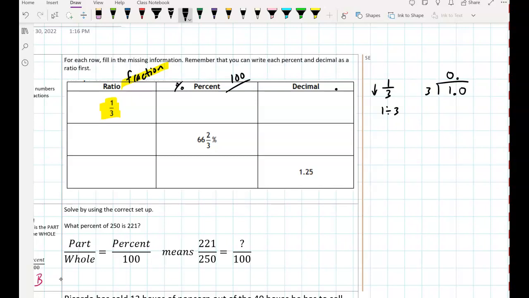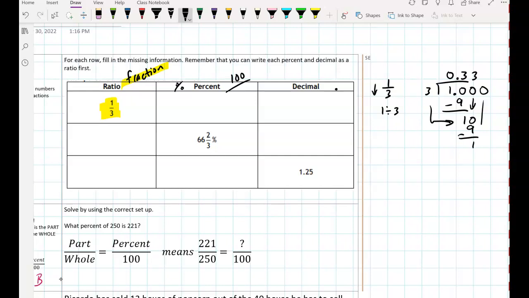How many times will 3 go into 10? Well, that's 3 times. And 3 multiplied by 3 is 9. I subtract 10 minus 9, and I get 1. And I would have to bring another 0 down and keep dividing until I cannot anymore. 3 goes into 10. Oh, look at that. 3 times. 3 times 3 is 9. 10 minus 9 is 1.